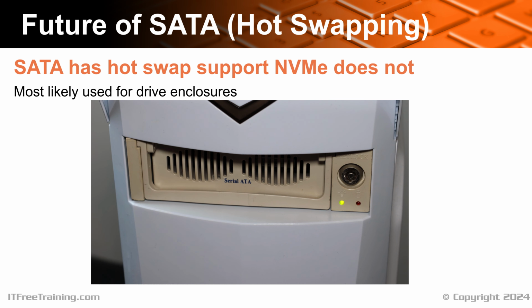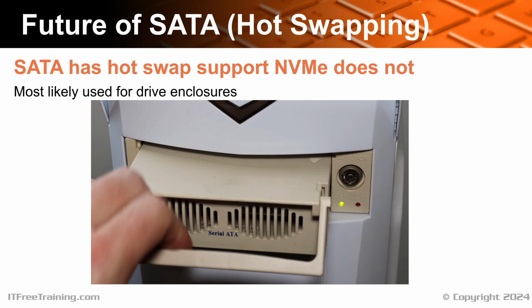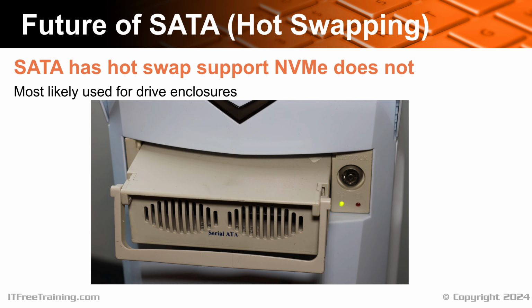If this doesn't work, make sure hot swapping is enabled in your BIOS or your UEFI setup. Keep in mind, the operating system also needs to support it, which modern operating systems should. Notice that the hard disk can be removed at any time. In order to use a hard disk enclosure like this one, it needs to be installed in the computer.